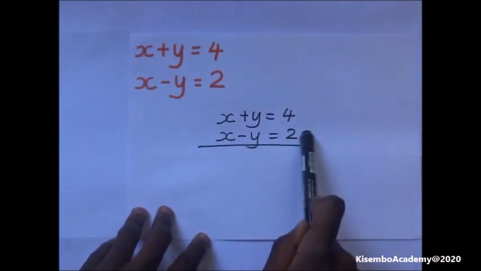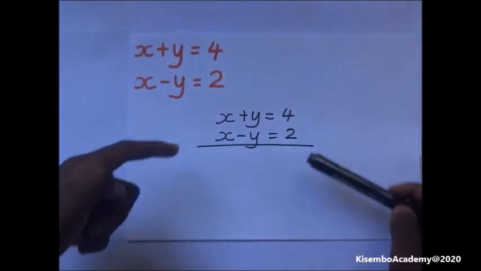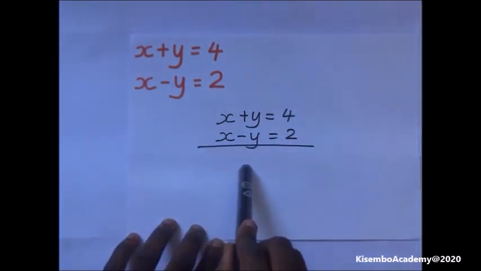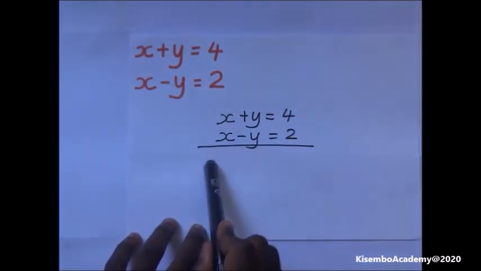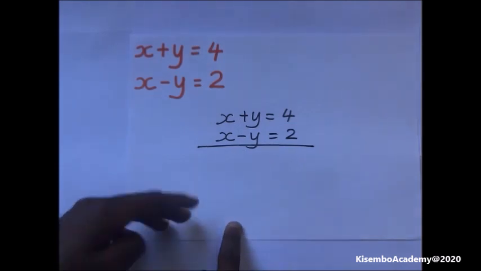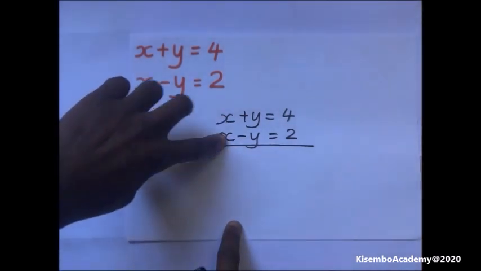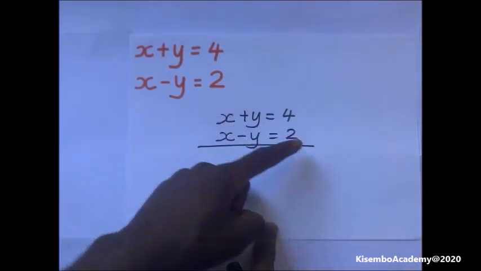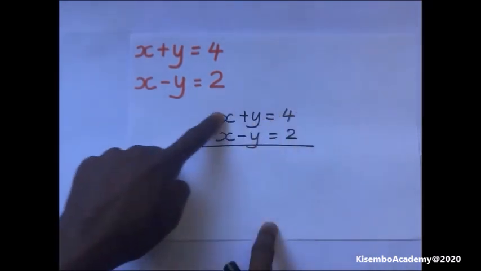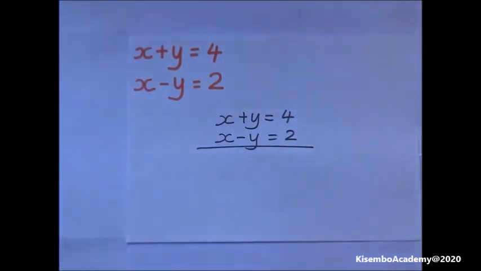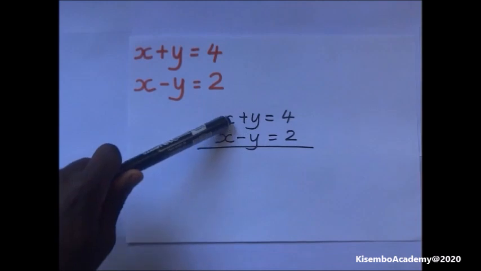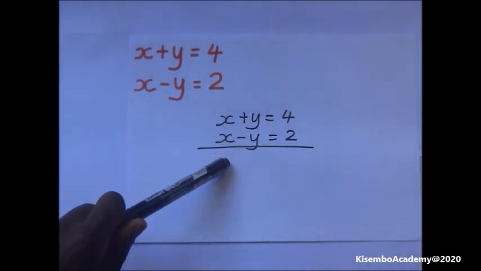We're supposed to do it in such a way that when we set this minus that, the variable we are seeking to eliminate should not be existent in our answer. If x is what we want to eliminate, we shall subtract the second equation from the first equation, because x minus x gives us 0.